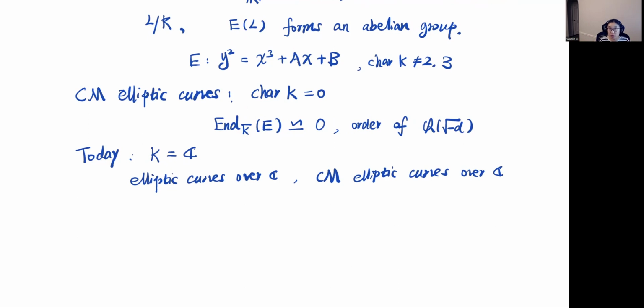This will also tell you, given a fixed order of an imaginary quadratic field, how many CM elliptic curves there are whose endomorphism ring is exactly isomorphic to that order. Okay, so that's the topic today.